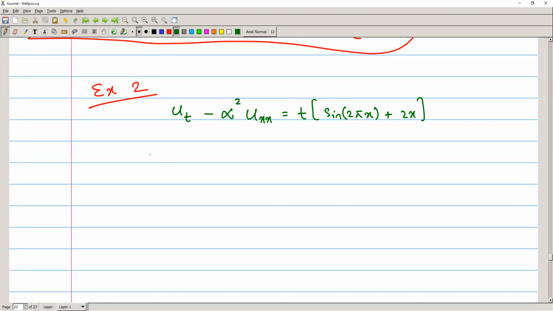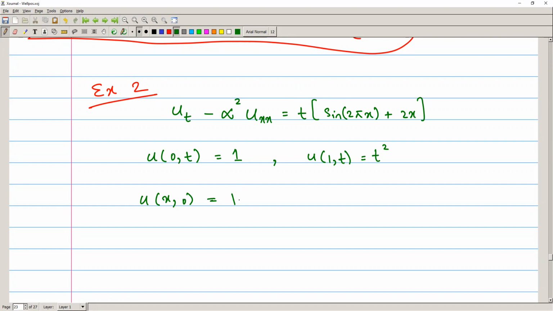All right, and the boundary conditions are also non-homogeneous this time. T squared, and the initial condition is also non-zero.